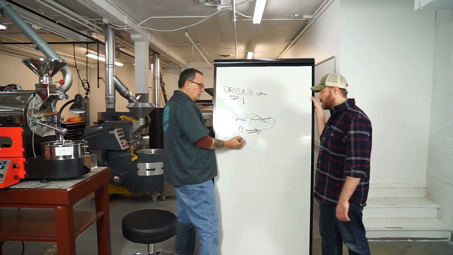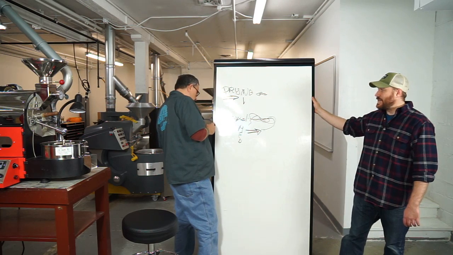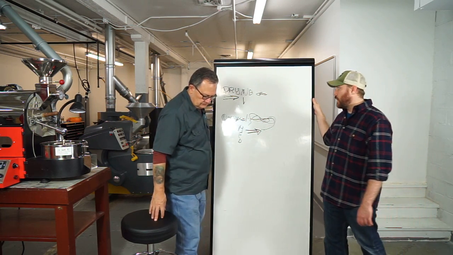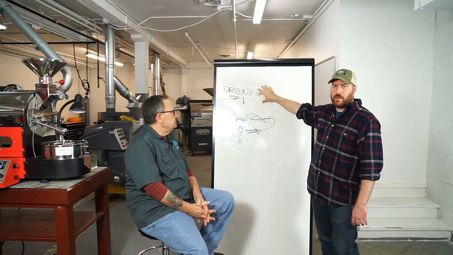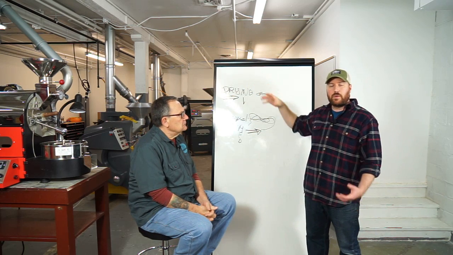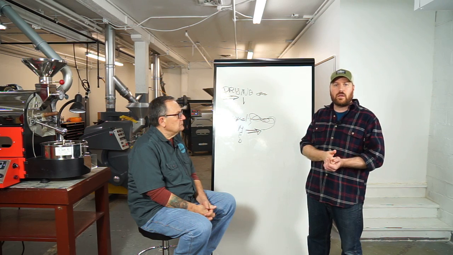Yes, and also it's important to understand that conductive energy is not as efficient as convective energy. Now during this stage, it's tough to think, oh, why would I want a low efficiency way of heating? Well, because we want to give time for the coffee seed to fully absorb the energy.